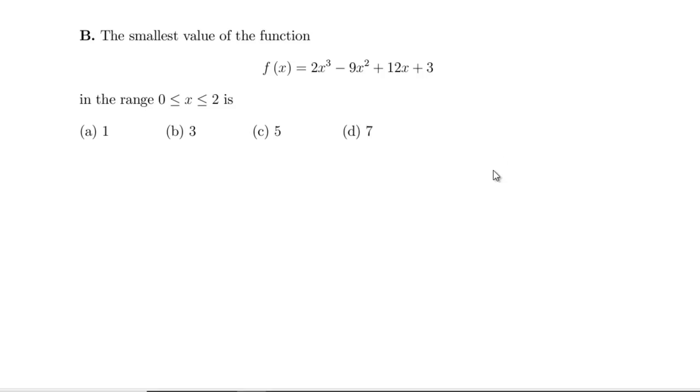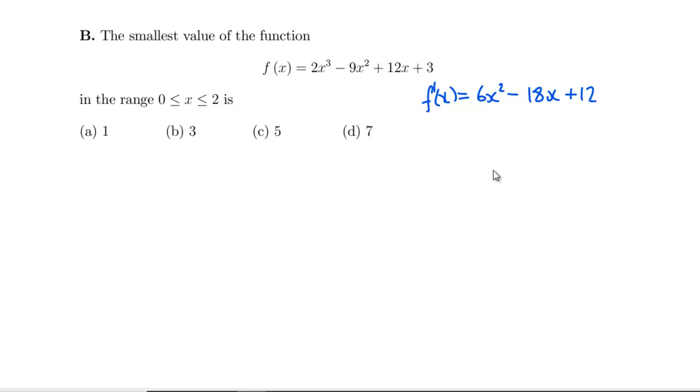Smallest value of this function in the range 0 to 2. So we've got some kind of cubic. If we get our turning points on this, there's no obvious root that I can see, because that 12 isn't going to combine with anything and the 9. So I'll do f dash of x, which is 6x squared minus 18x plus 12.